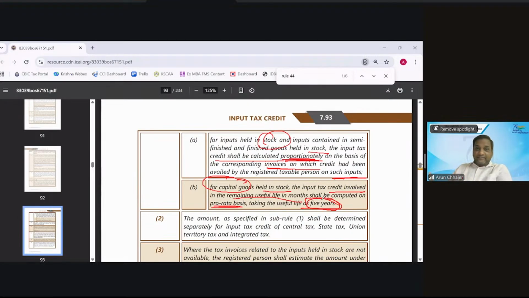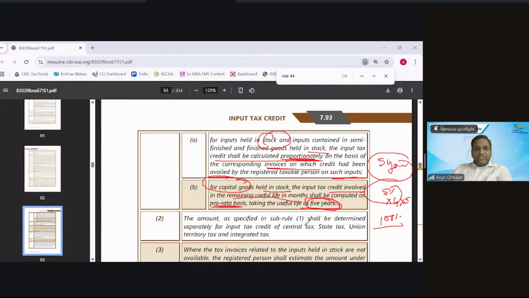Try to understand. Life is 5 years and it is 5% per quarter. In totality both are the same. 5% per quarter into 4 quarters into 5 years, so it will come to 100%. But if there is a part of the period, then the value would be different.